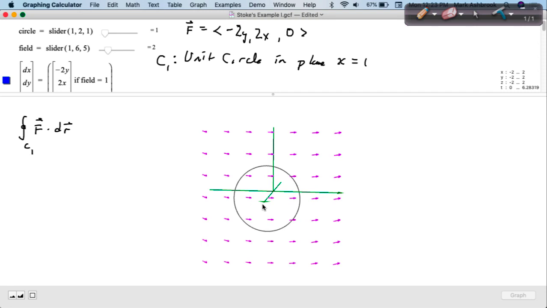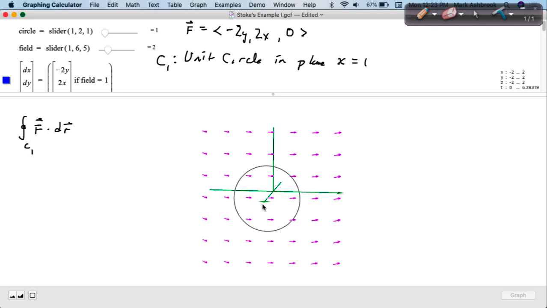The actual vectors on the points of the circle, right? Because as you go around that circle, we're going to be accumulating only the vectors in as much as they're in the direction as we go around, right? That's what the dot dr is. Dot dr means just the parts of the vectors on C1 in the direction of travel.